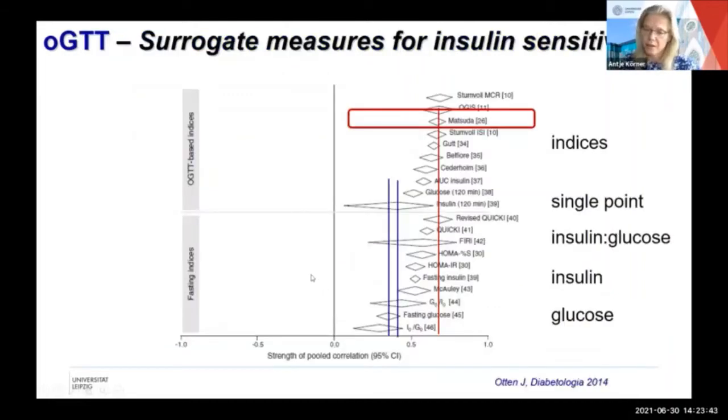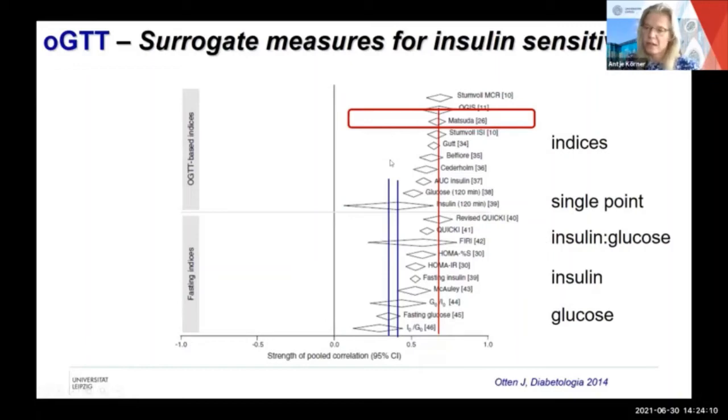And there are other studies supporting this, like, for example, this one, where you see there are fasting indices as well as OGTT, or glucose test-derived indices, and the correlation with the insulin sensitivity for those fasting indices is in general lower, particularly if you just use glucose and insulin. It does get better if you relate the insulin response to the glucose level.